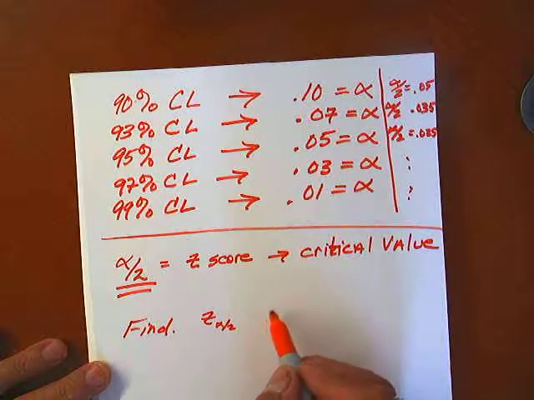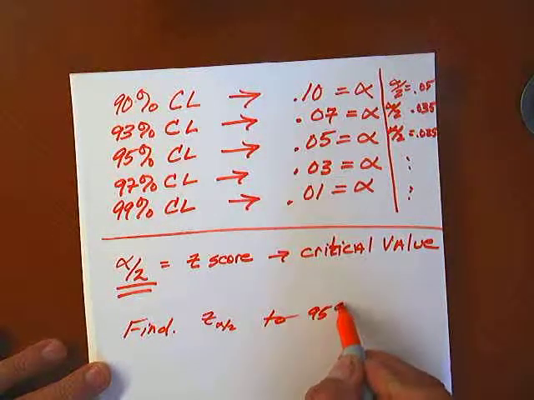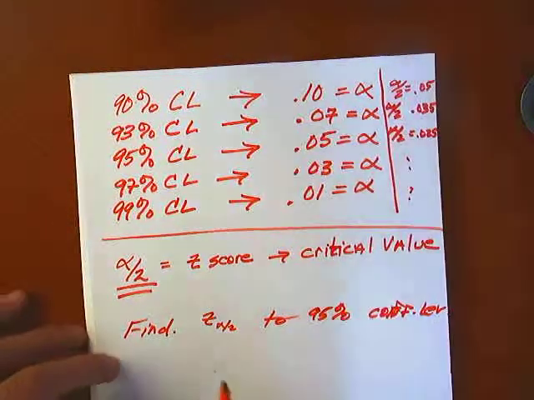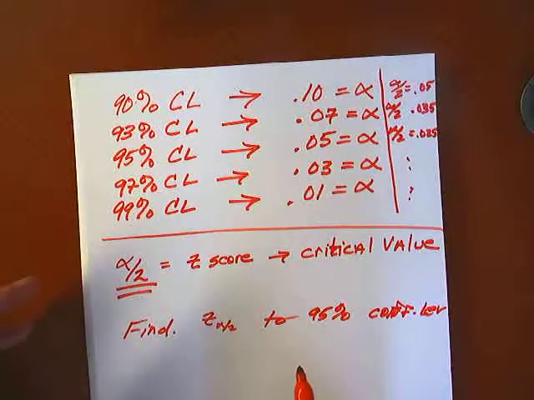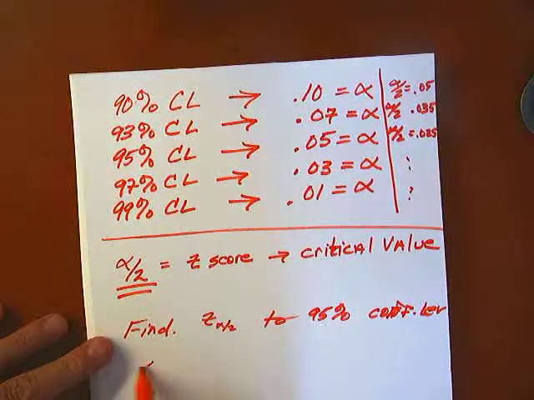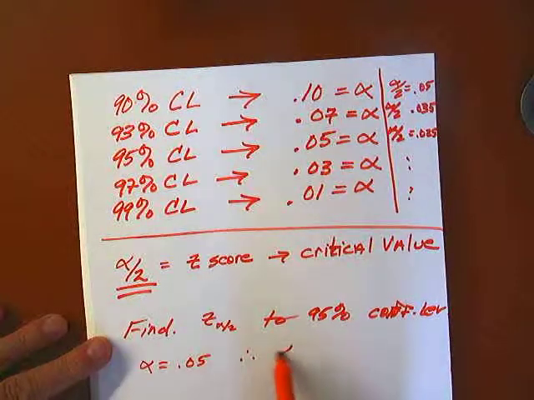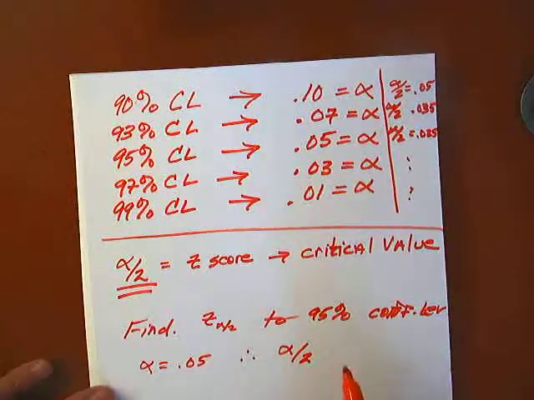Let's take a look. It says find the critical value, z of alpha over 2, corresponding to a 95% confidence level.